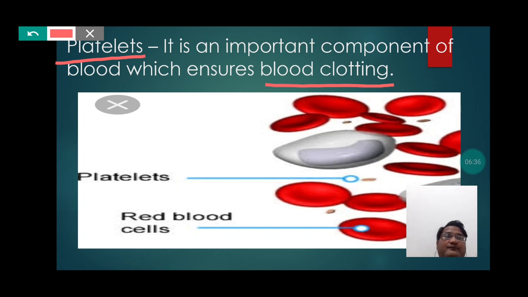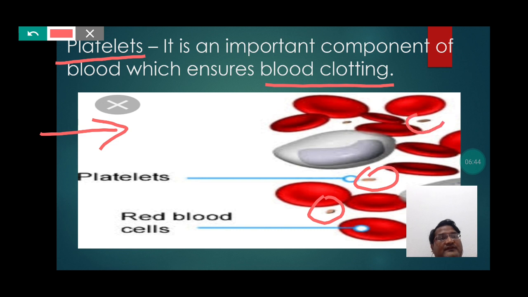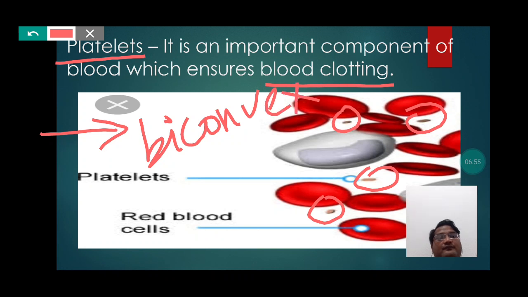If you concentrate on this picture, you can notice the shape and size of the platelets. So students, the shape of the platelet is generally biconvex, and the main function of platelets is in blood clotting.